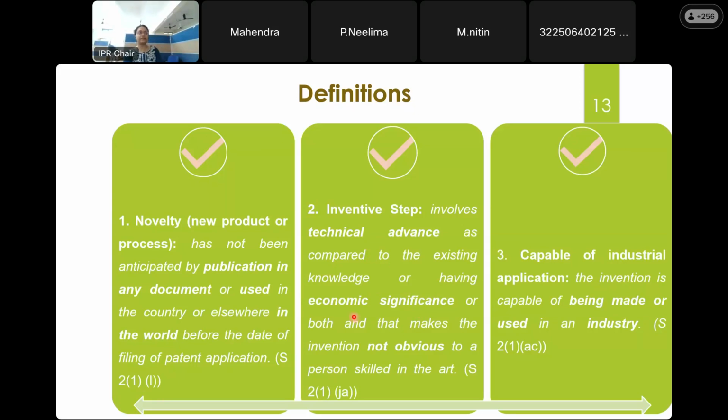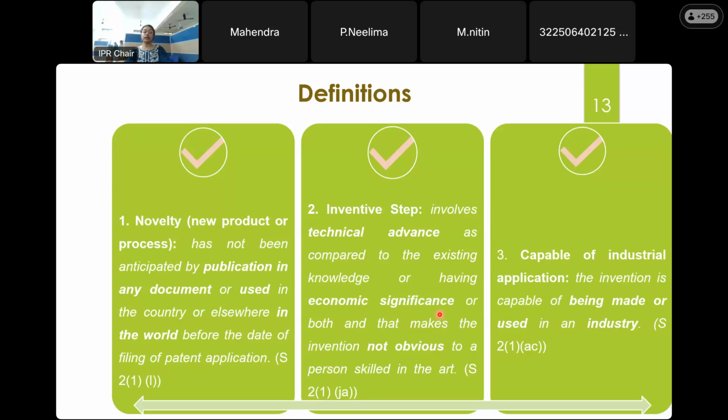For example, if some product was already there, somebody was already making it with a lot of time and a lot of energy, for example, a lot of temperature is needed to make that product, but now you are able to make it at room temperature, then you are reducing the cost of making that product. So that will still be patentable because economic significance is associated with that.